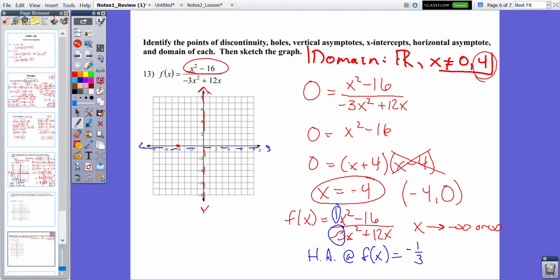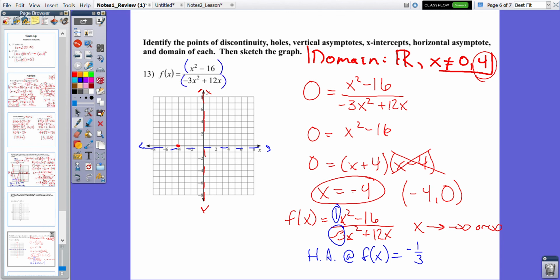Now, using technology, we're going to sketch our graph. We know that there's going to be no y-intercepts. On your calculators, you should be able to plug in this function. I would caution you to make sure you put parentheses around both the numerator and denominator.